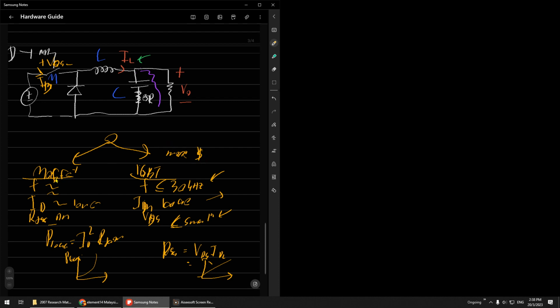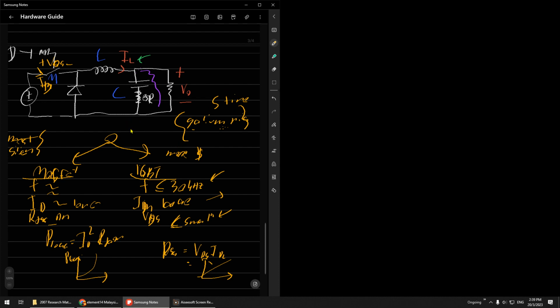Much more expensive. So recently there are other types. This one is made using silicon. Now there is a new one, gallium nitride, if not mistaken, and silicon carbide, I think it's called. It is a new material, and this one is much more expensive, around 5 times more expensive than this.